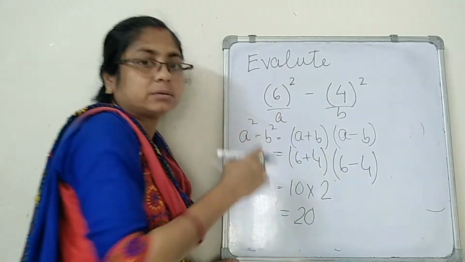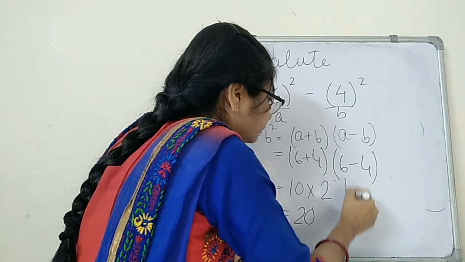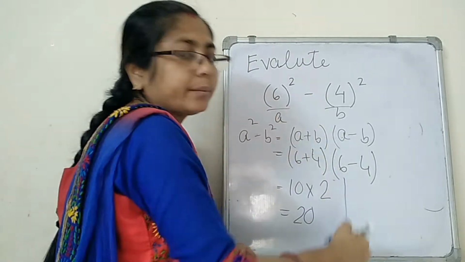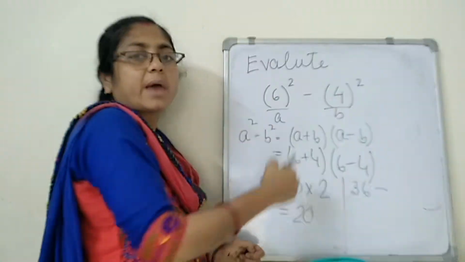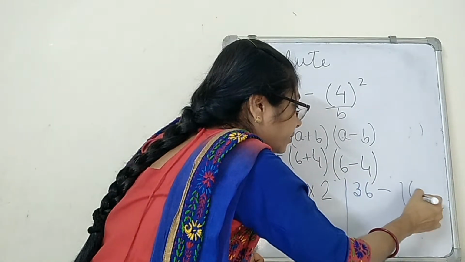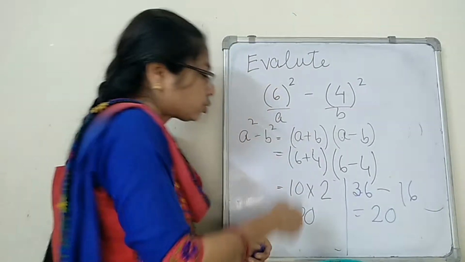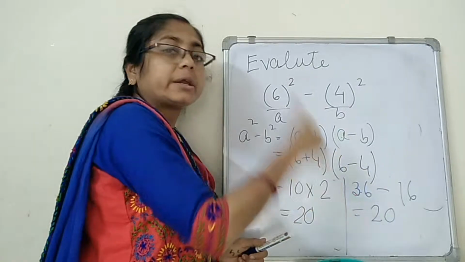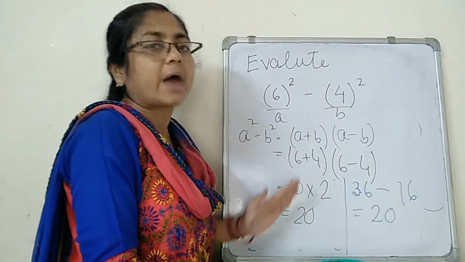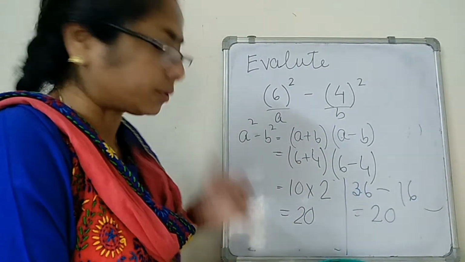Now I check in the back process whether my math is okay or not. 6 square means 36. Minus 4 square 16. 36 minus 16 is 20. So my answer is 20 and the back calculation is also 20. So it is right. When you do the math, please apply the back calculation also.